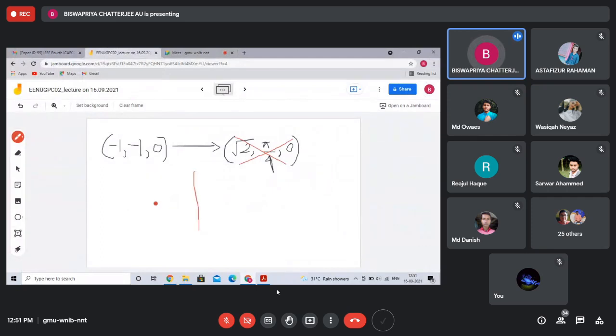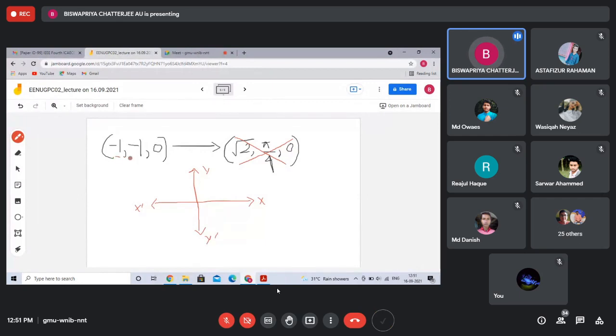You forget about the z axis. Consider this a simple graph paper. What graphs did you make in your 9th or 10th standard in Madhyamik? Consider only that. This is the x-axis, this is the y-axis.